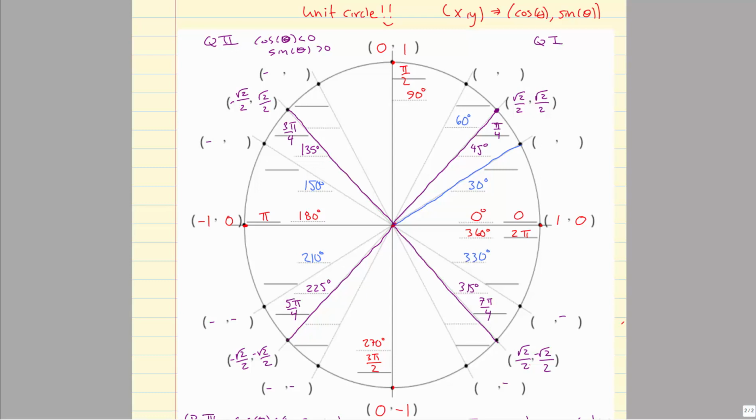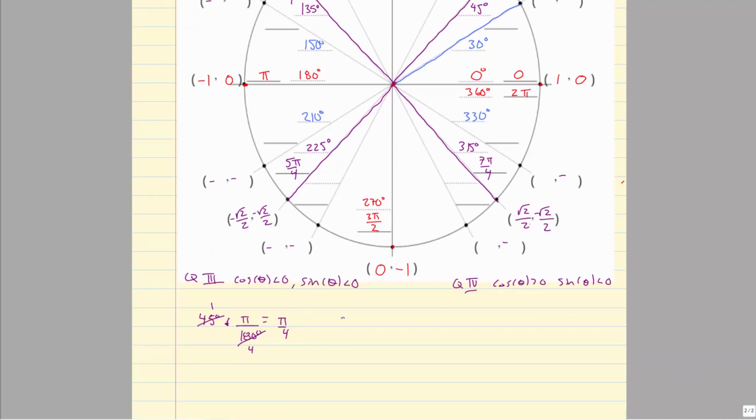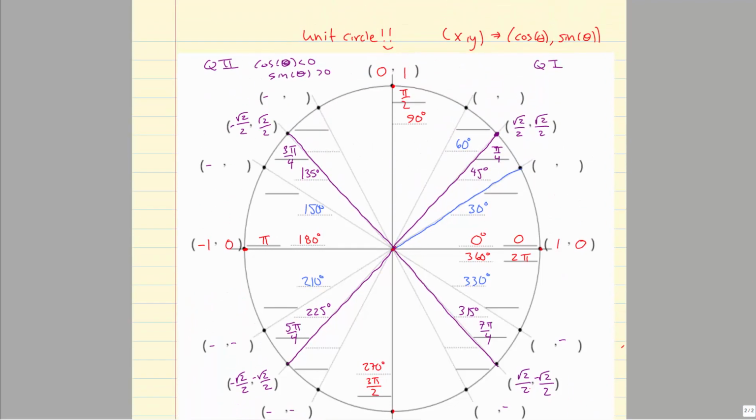Okay, so converting 30 degrees, and again, these are ones that you want to have memorized, we'd multiply by pi over 180. 30 goes into 180 6 times, so I'm left with pi over 6. So multiples of 30 degrees will end in pi over 6, and I might be able to reduce them to something else, but before they reduce, they could have been just standard pi over 6 angles. So 30, 60, 90, 120, 150, 180, there's a lot of different multiples of 30.